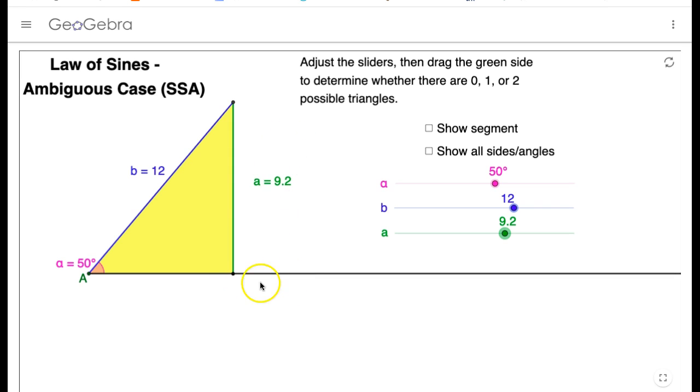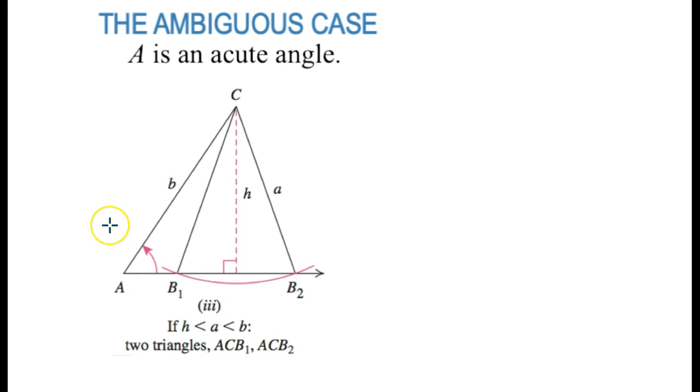So with that side, I would be able to create one triangle. If we click and drag this side in either direction, we can't create another triangle. We can only create one right triangle, like this. The third possibility is we may actually end up being able to create two different triangles.